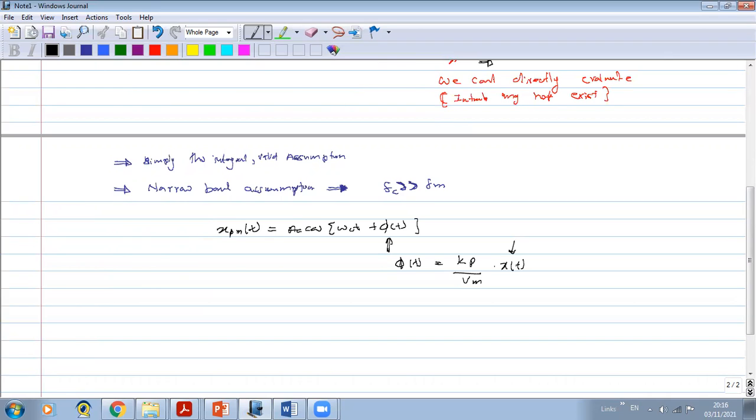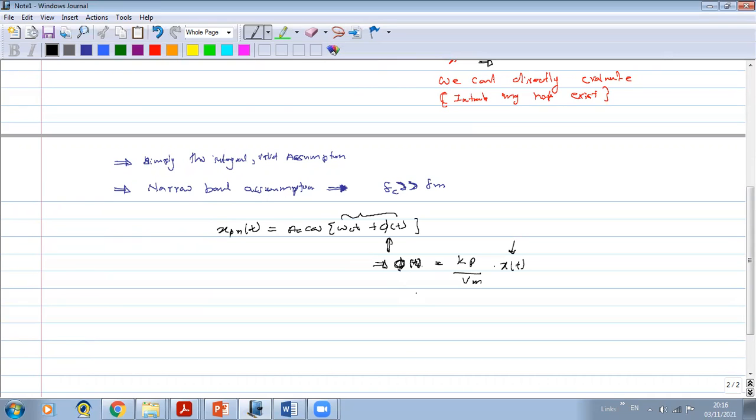If we change this, it affects the frequency.